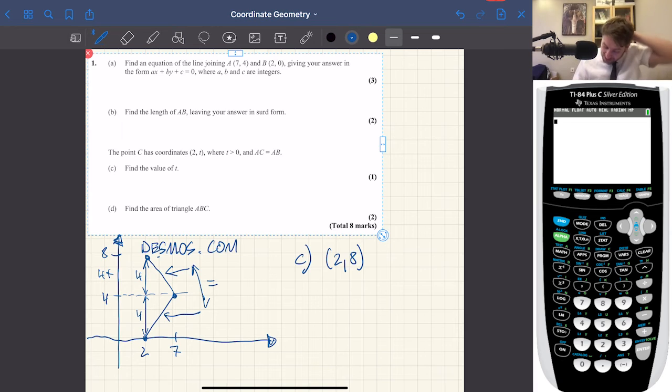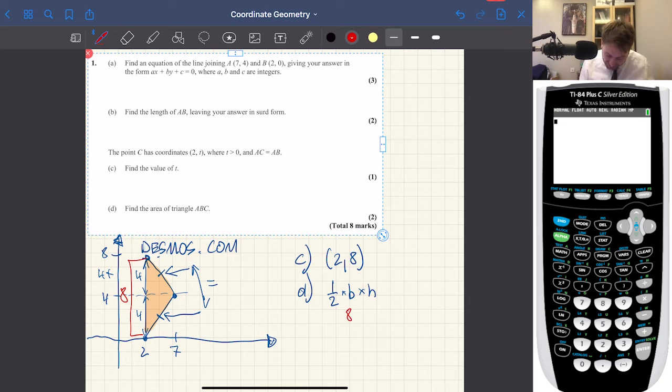Now we have a last situation, which is this triangle that we now know is isosceles, meaning this length and this length are the same. For the area of a triangle, we need half base times height. Our base is 8.